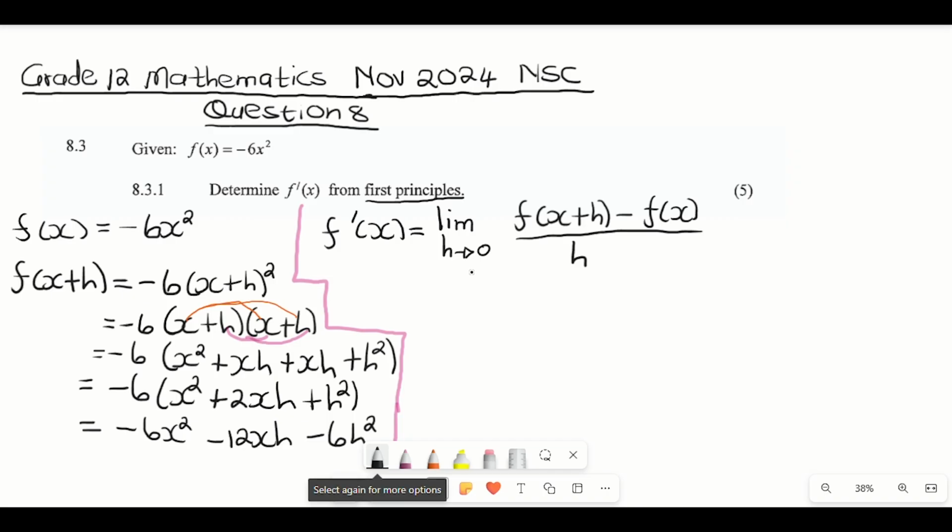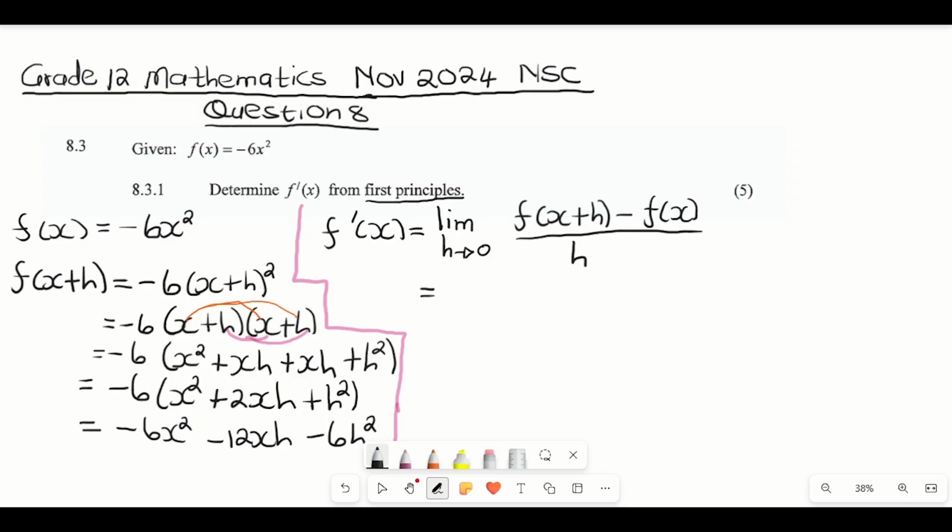After that point, you no longer have to write h approaches 0. But for as long as you haven't substituted your h with 0, you must keep writing lim as h approaches 0 or you will lose marks. Okay, so be aware of that.